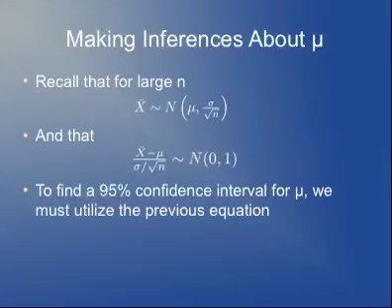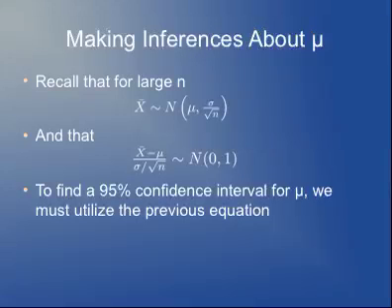We showed in previous lectures that if your sample size is sufficiently large, the sample mean x bar will be approximately normally distributed, with mean equal to the population mean mu and standard deviation equal to the population standard deviation sigma divided by the square root of the sample size n.